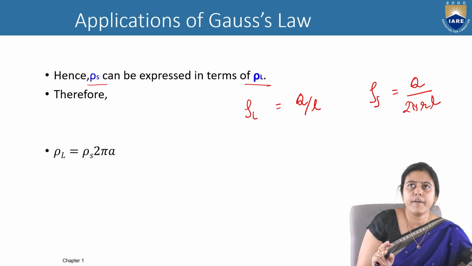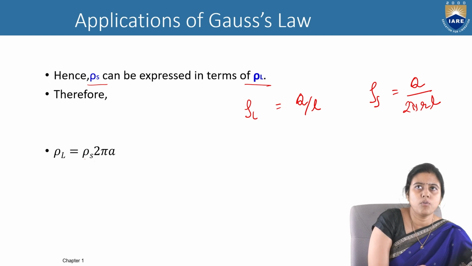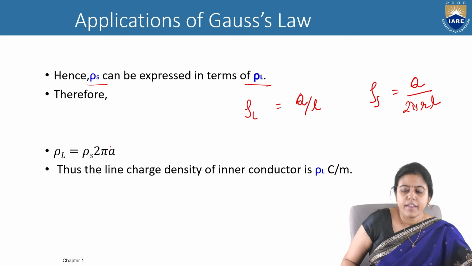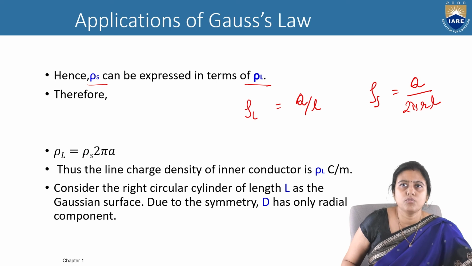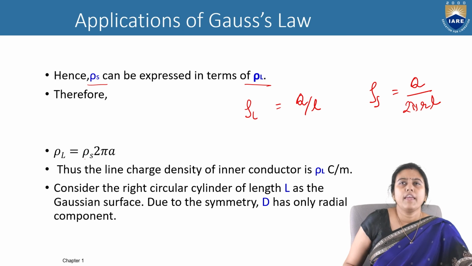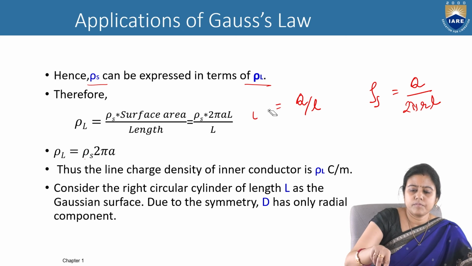So if we compare these two, we can write ρ_L is equal to ρ_s times 2πa. Therefore, the surface charge density has been changed into ρ_L. I have already discussed this.